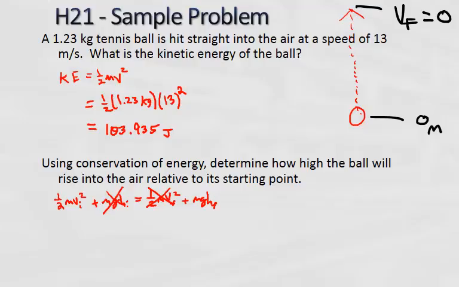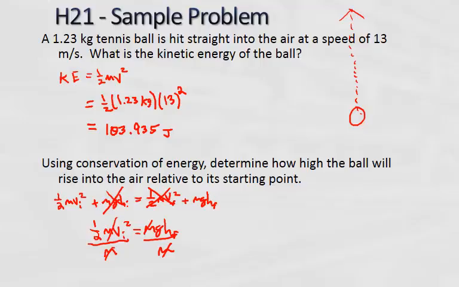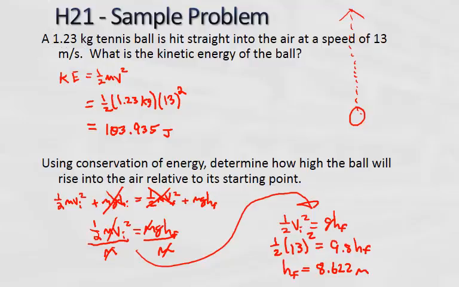All that kinetic is going to turn into potential. Now we can simplify that. Remember, we can cancel mass from both sides, and that can be very helpful. In this case we did have mass, but you don't necessarily have to. So cancel mass from both sides, and we'll solve for how high it should go. It should go 8.622 meters into the air.